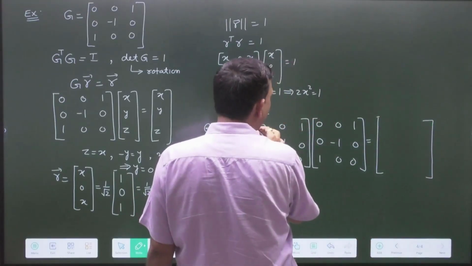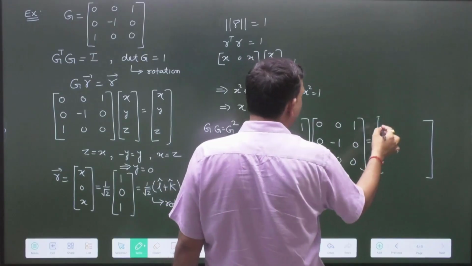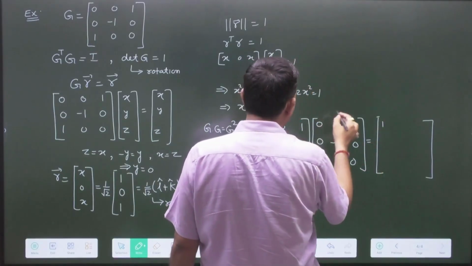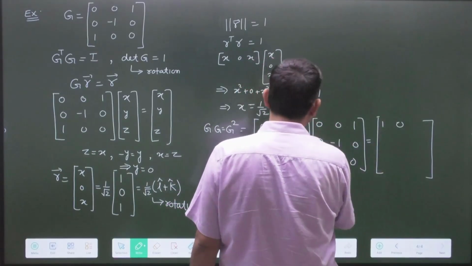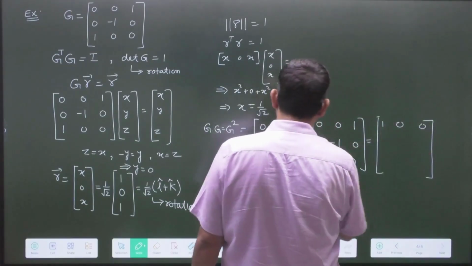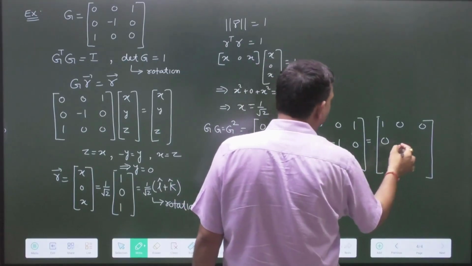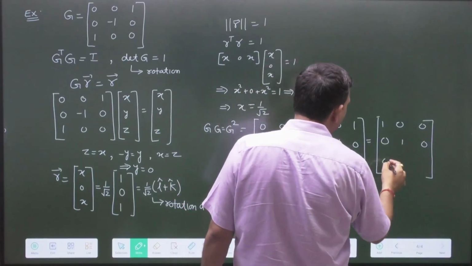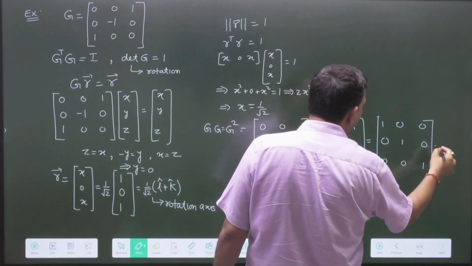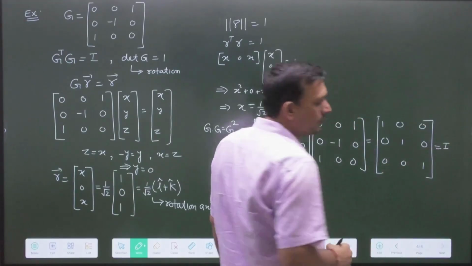So here this will give you row by column. So this will give you 1. This will give you 0. This will give you 0. This is 0. And this will be 1, 0, 0, 0, 1. You are getting an identity matrix.